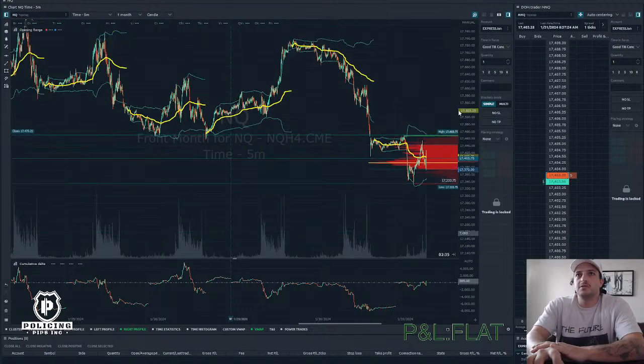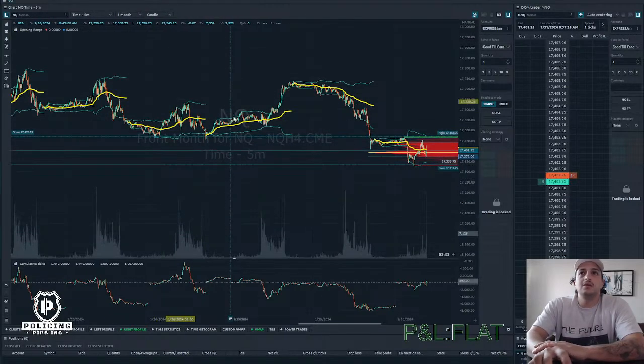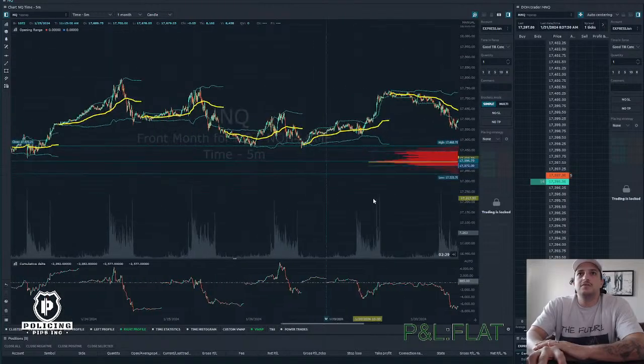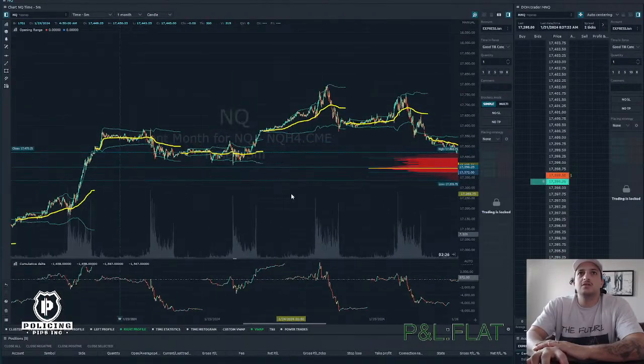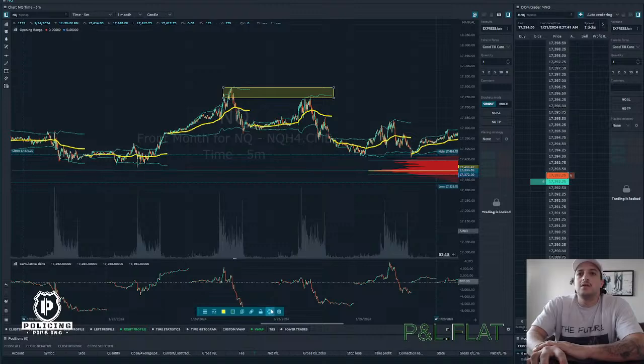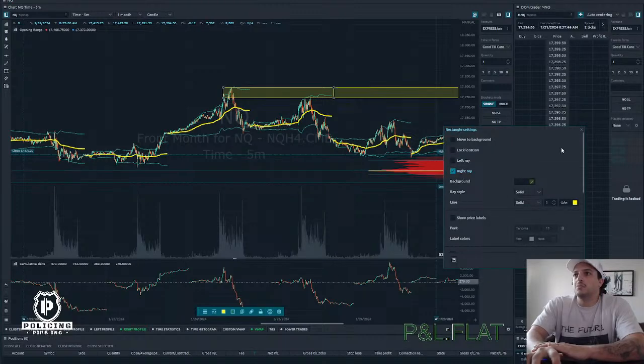Let's see if I can draw up some of these levels again because they disappeared on me. Our opening range is pretty tight. This is a 5-minute chart just because I'm trying to get some of these levels back. These are the all-time high levels, so I'm going to use that. Extend that right because that's going to be pretty important.